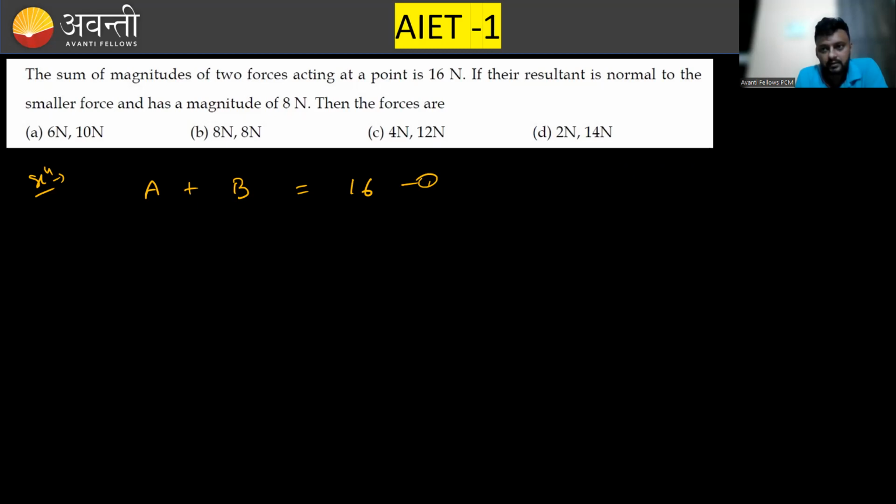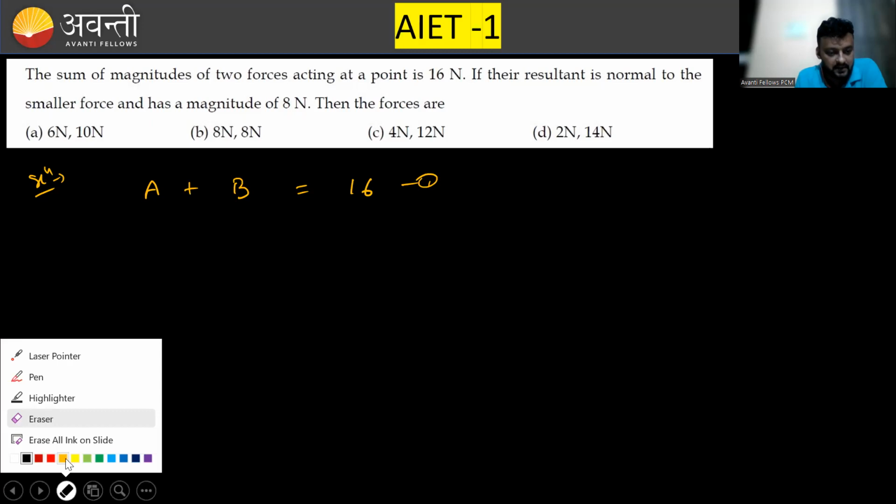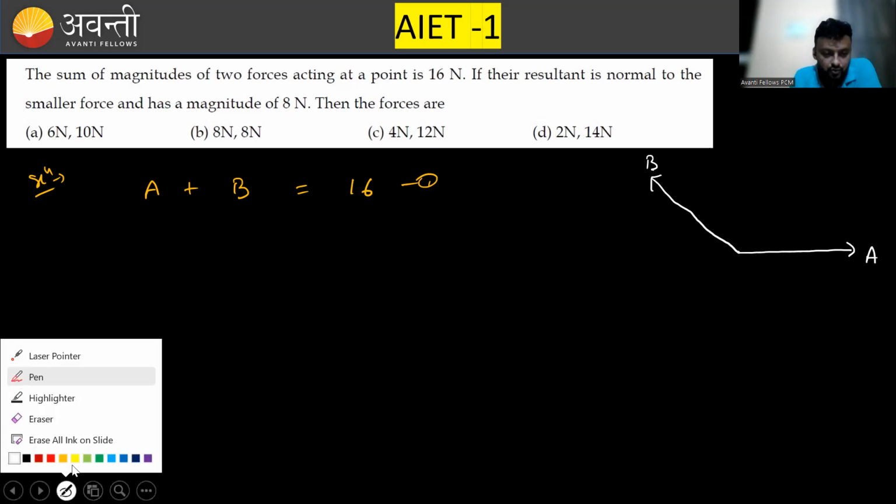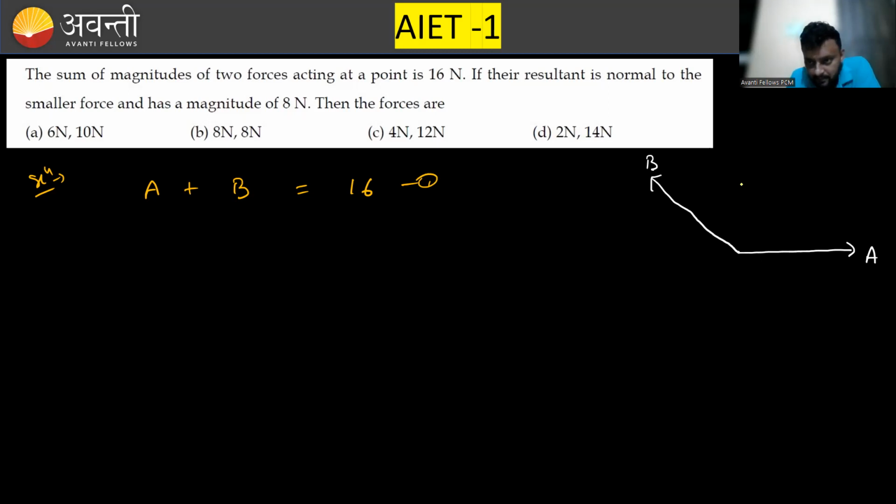Now, the second statement says if the resultant is normal to the smaller force and has a magnitude of 8 Newton. Okay. So let's try to draw a simple diagram of the situation. There are two vectors. Let's suppose A and let's suppose B. And the resultant of these two vectors is perpendicular to the smaller one.